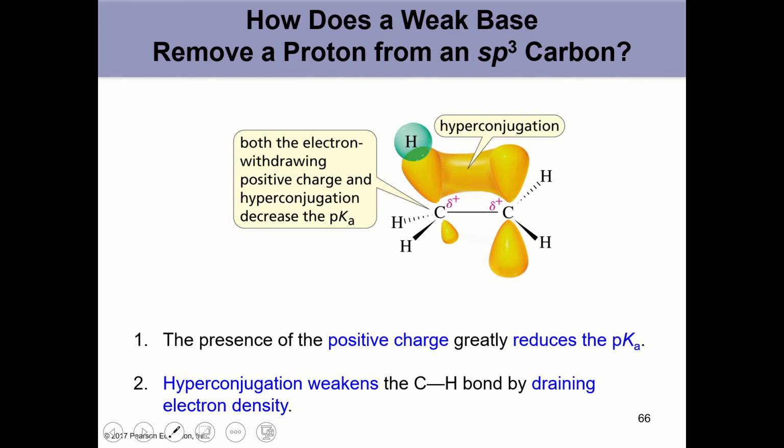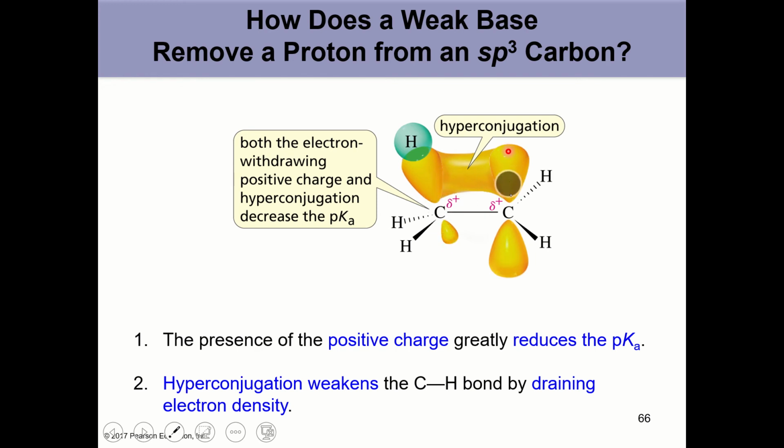Now, you might ask, how does a weak base remove a proton from an sp3 carbon? The presence of the positive charge greatly reduces the pKa of the proton. Because the carbon has an empty p orbital and a positive charge, remember that carbocations are stabilized by hyperconjugation, which is the sharing of electron density from the carbon to hydrogen bond of the adjacent carbon.